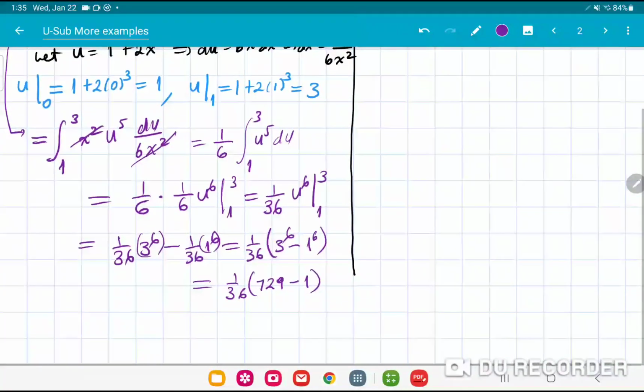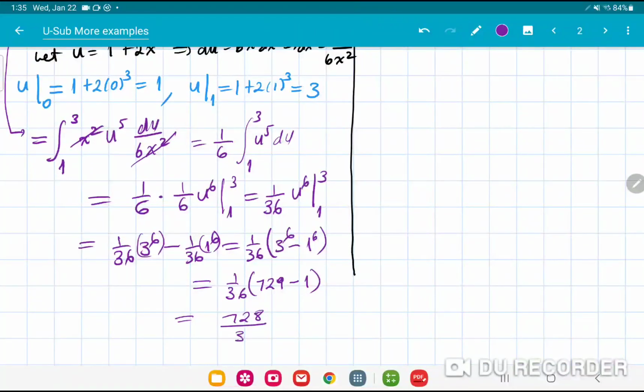Okay, and 1 to the 6th is just 1. So subtract 1 gives you 728 over 36. You can see 728 is divisible by 4, so is 36. So if you reduce that, this will give you 182 over 9, and that's the final answer.